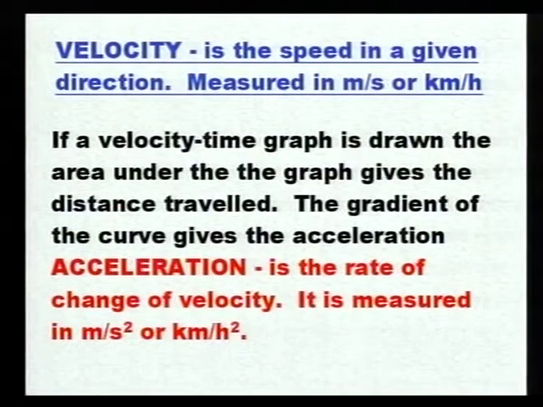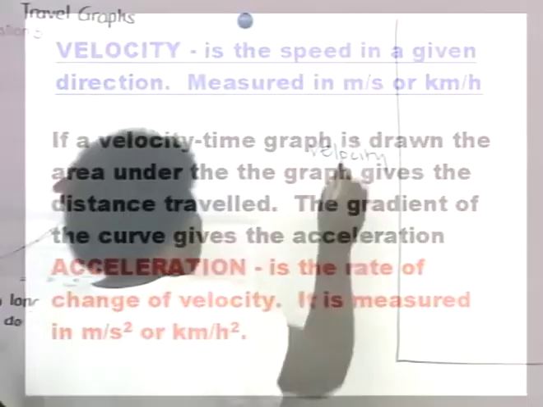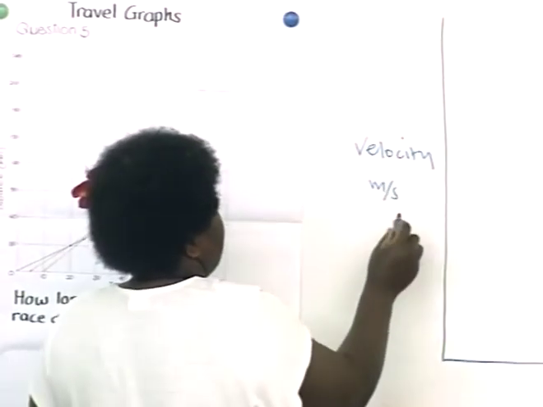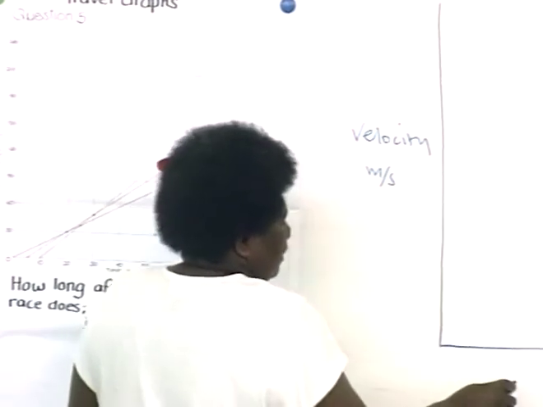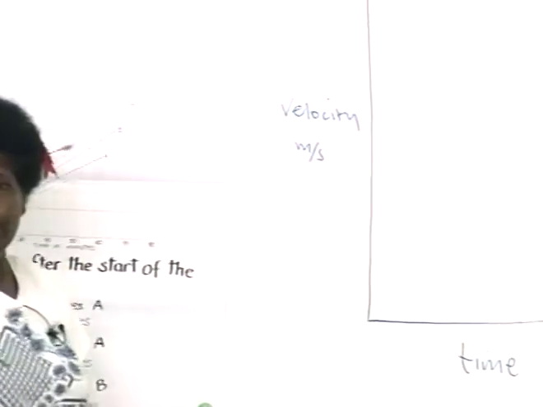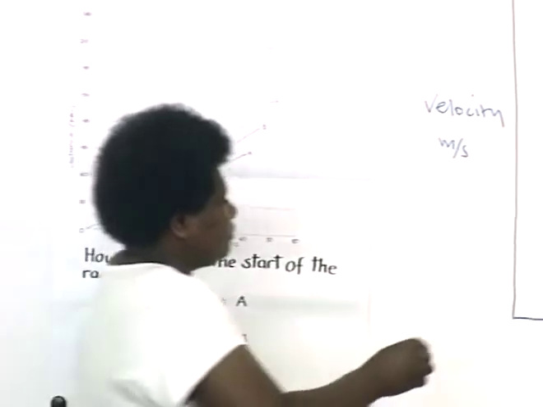Okay, I'm going to just give you an example of a graph. Maybe I'll just draw one quickly on the board. If this is velocity, also you will see speed, and it's meters per second, and time on the horizontal axis.